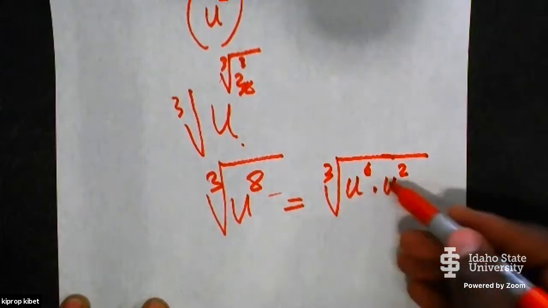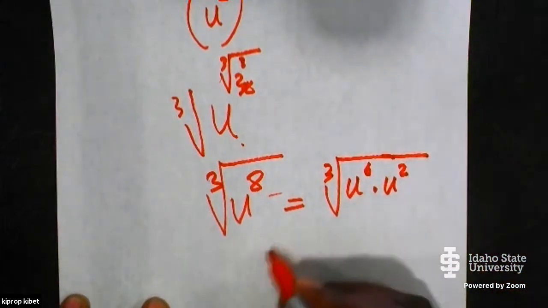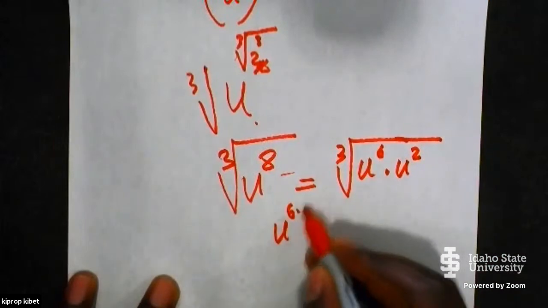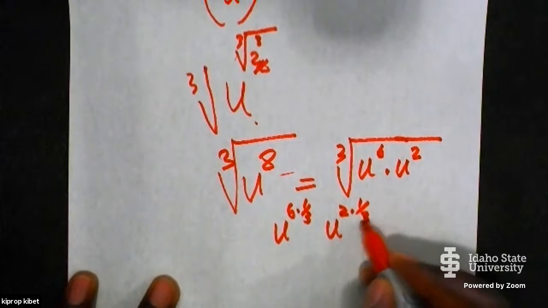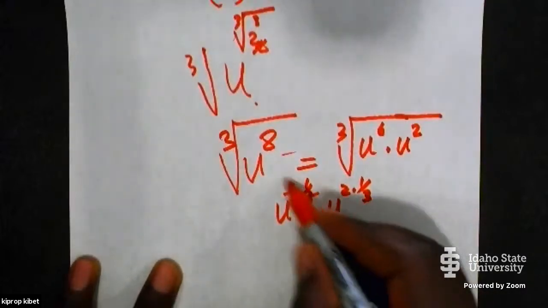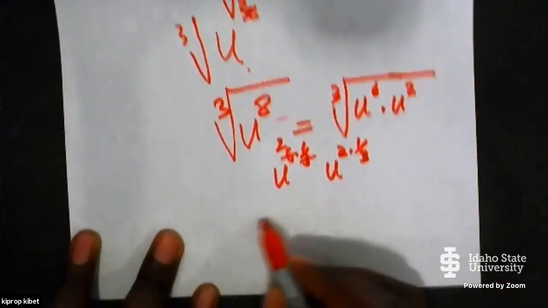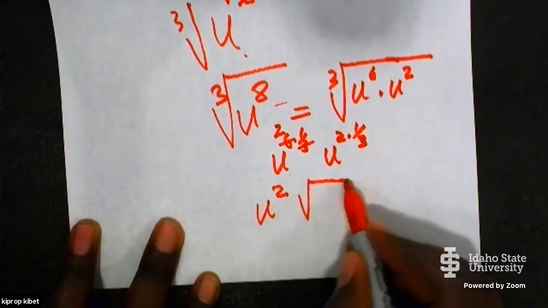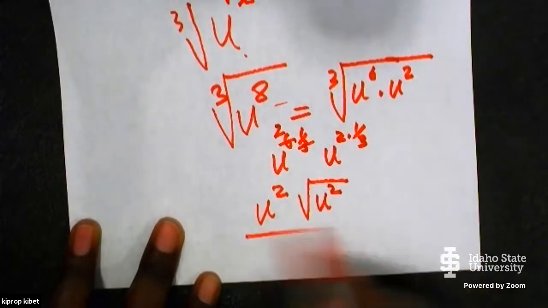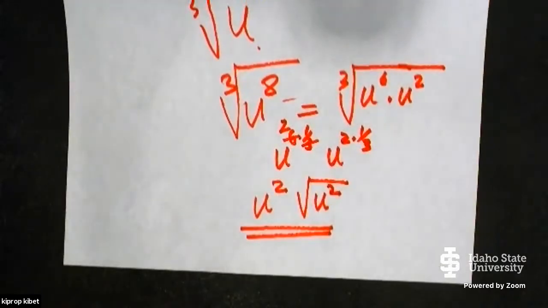So you multiply everywhere by 1 over 3. So u raised to 6 times 1 over 3, u raised to 2 times 1 over 3. So that and that will be 2. This will remain like that. So it will be u square, and then the cube root of u square. Okay? Yeah, so it is like that.